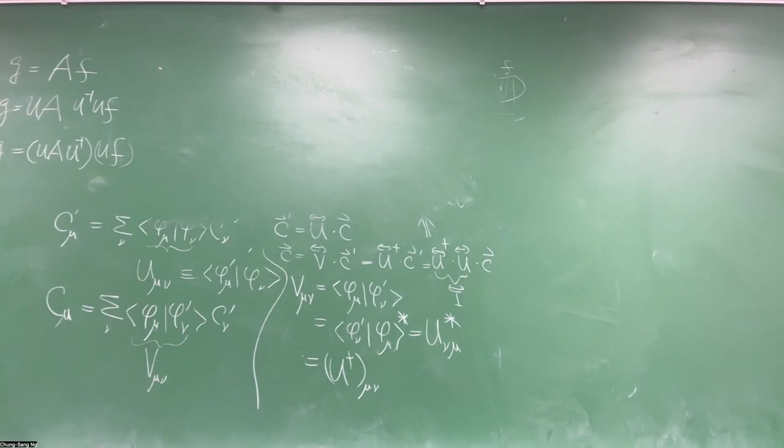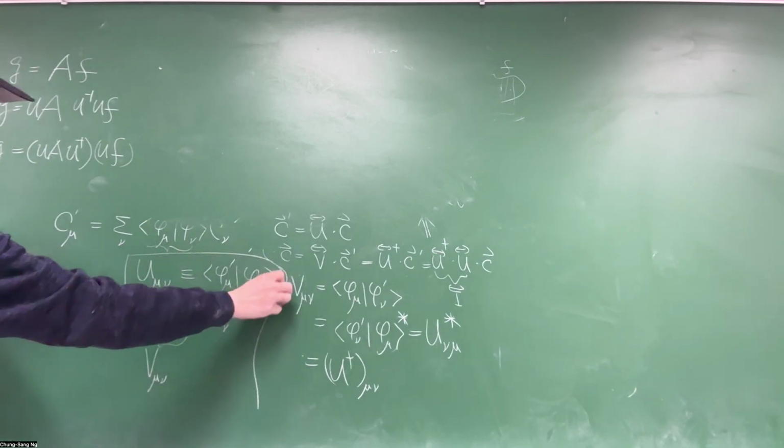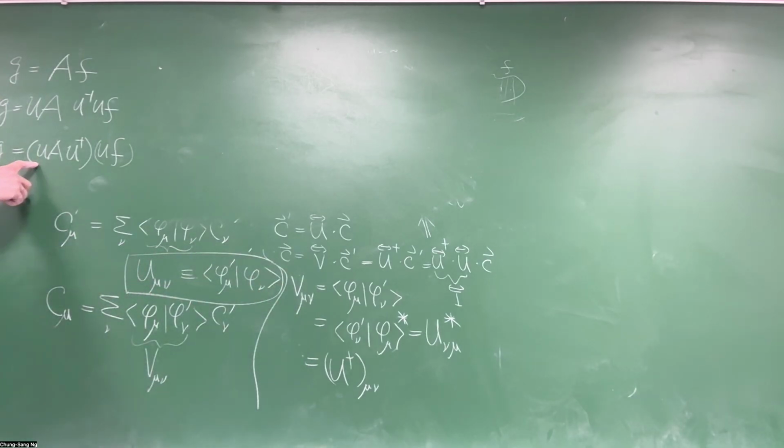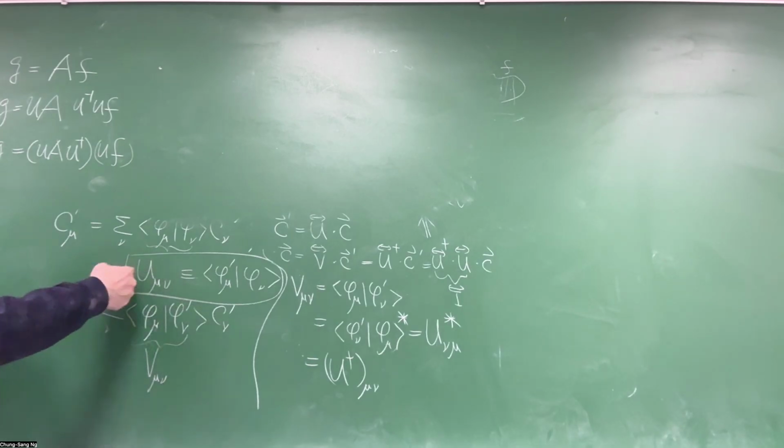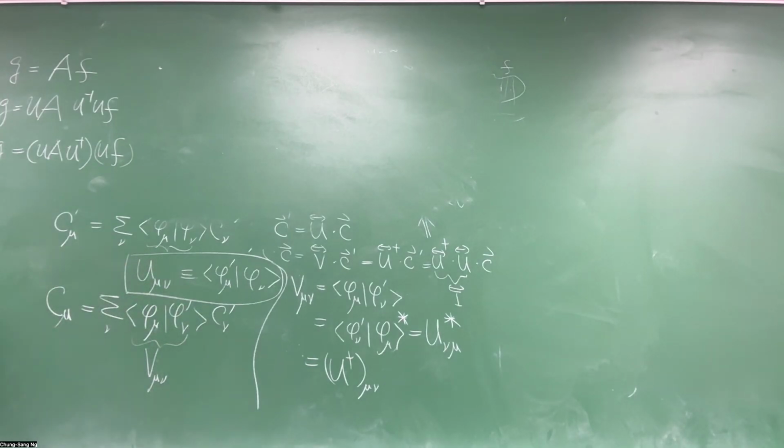Whatever A you get as the matrix representation in the old basis, you multiply by U, and U is defined by this one. And U dagger is obtained by exchanging these elements and taking the complex conjugate, and then doing this matrix multiplication to get the matrix representation in the new basis.